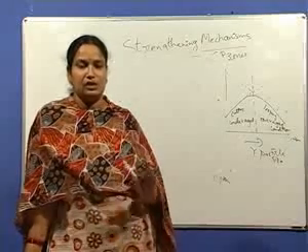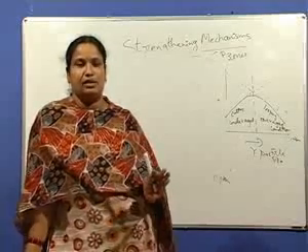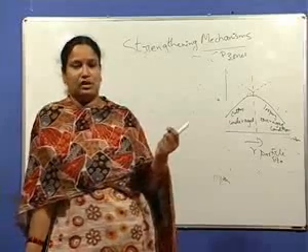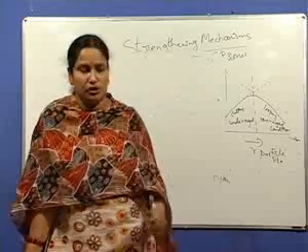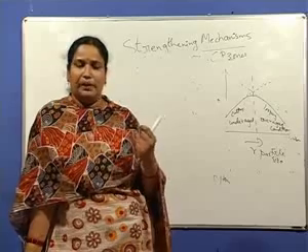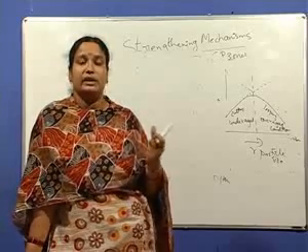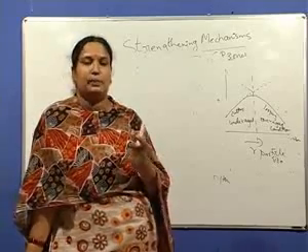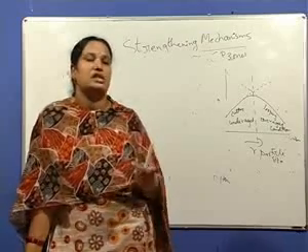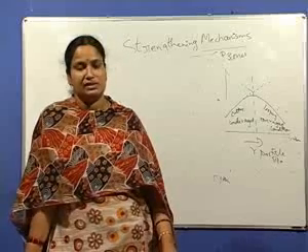The matrix is continuous, soft and ductile, whereas these fibers are of very high strength and have very high modulus. The fibers are incorporated in the matrix mainly to increase the strength of that material. Very high strength and high strength to weight ratio is achieved for this type of materials.